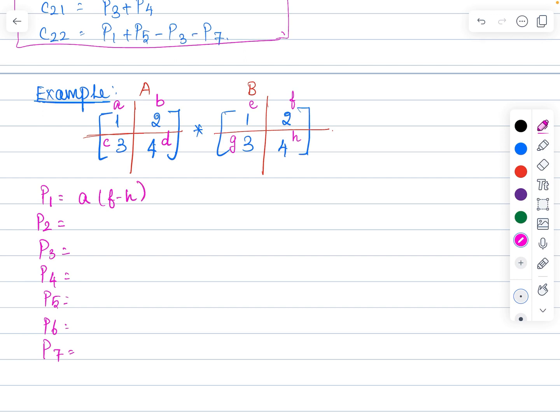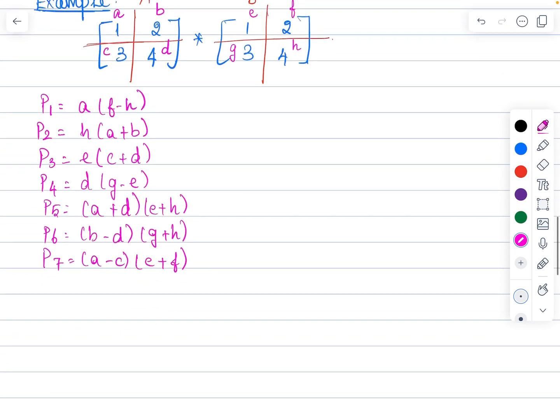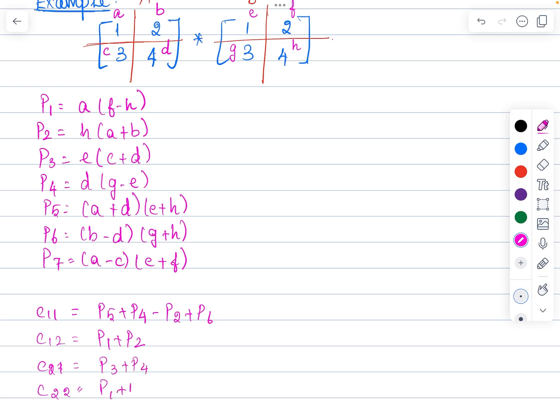A into F minus H, H into A plus B, E into C plus D, D into G minus E, A plus D into E plus H, B minus D into G plus H, A minus C into E plus F. And for C11, C12, C21 and C22, the formulas are P5 plus P4 minus P2 plus P6, P1 plus P2, P3 plus P4, and P1 plus P5 minus P3 minus P7. These are the formulas.